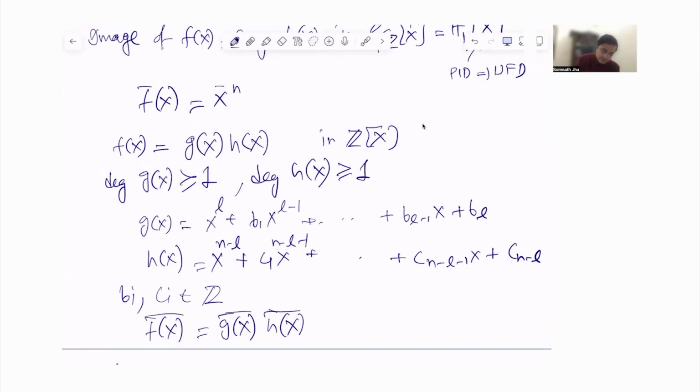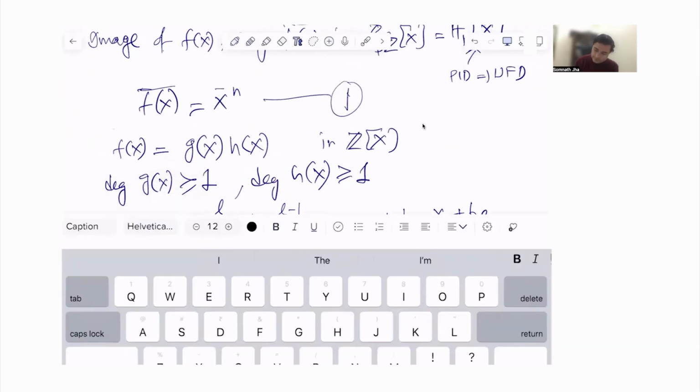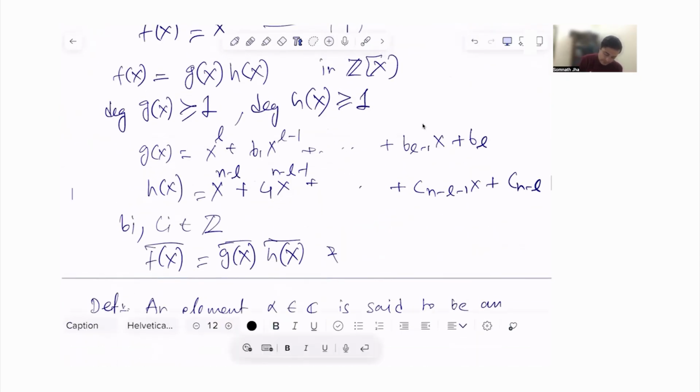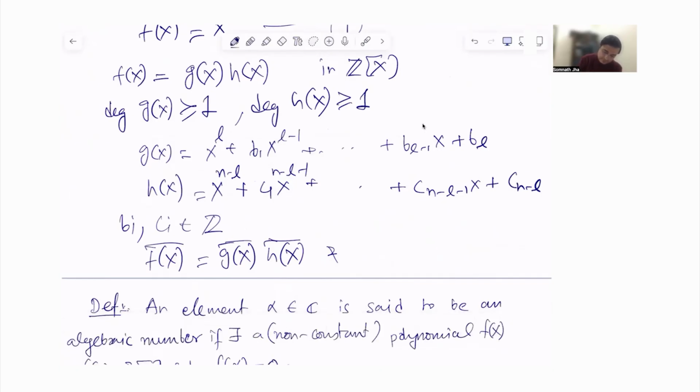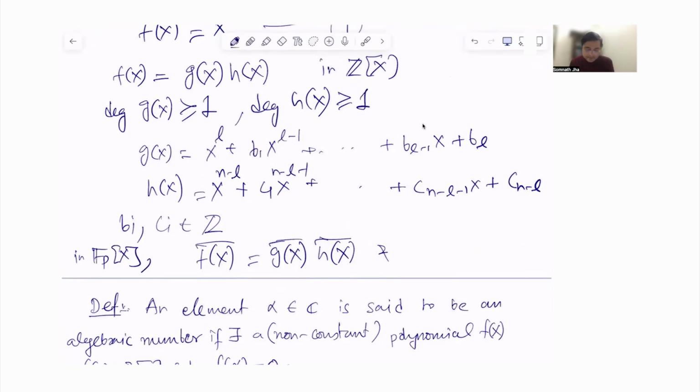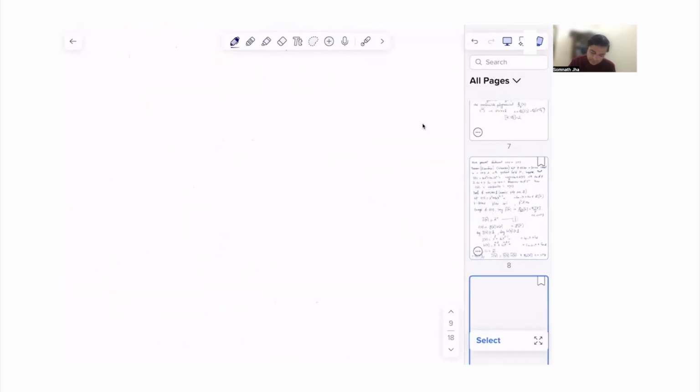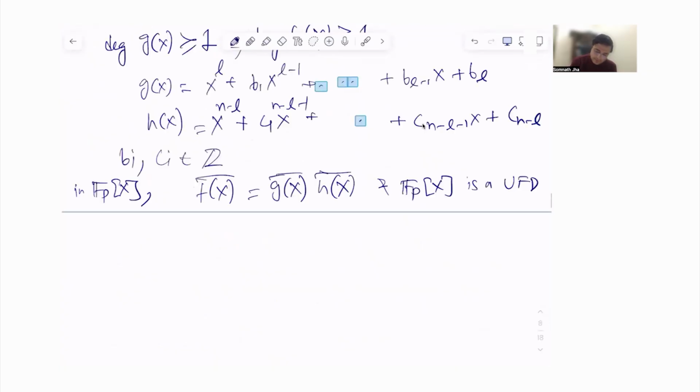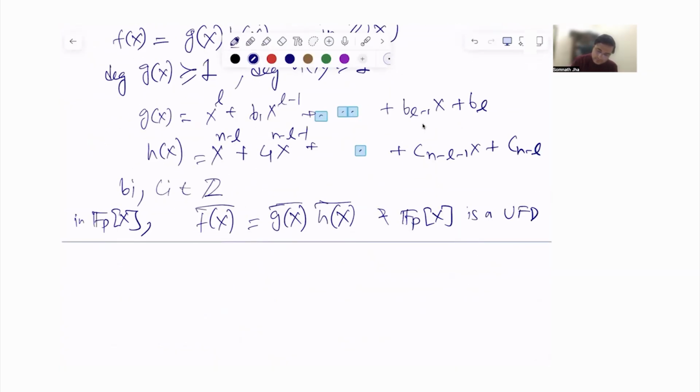And this is a UFD, so you have this equation in Z[x] and in F_p[x]. In F_p[x], f bar(x) is this, and F_p[x] is a UFD.